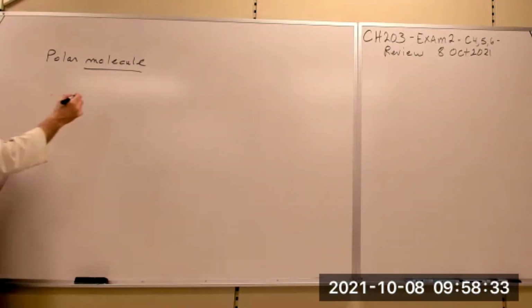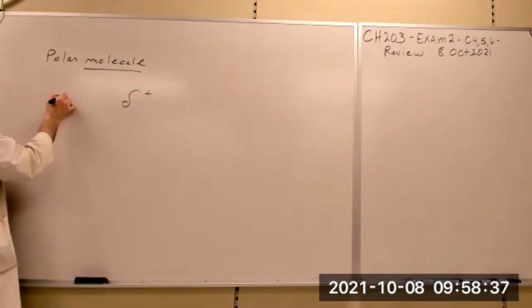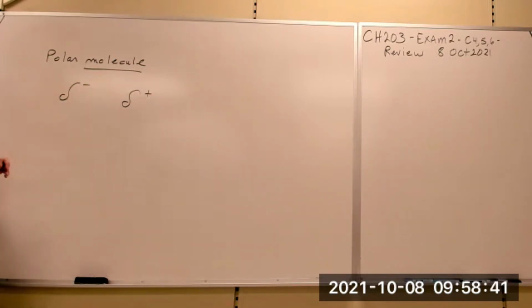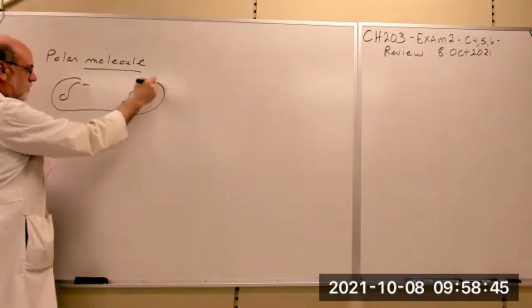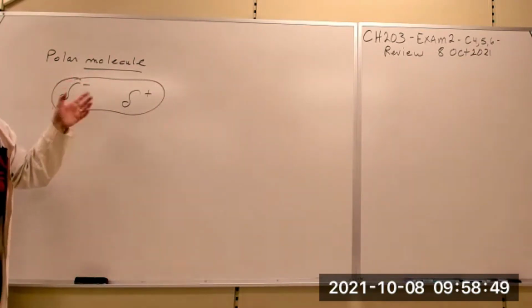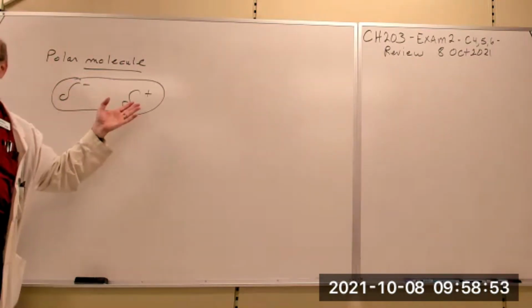And the symbol we use for that is delta. Just a slight difference. So if this is a molecule, and you have a slight redistribution of electric charge, this would be polar. It would be slightly negative on this side, slightly positive on that side.